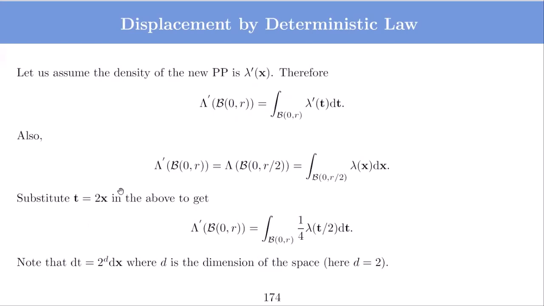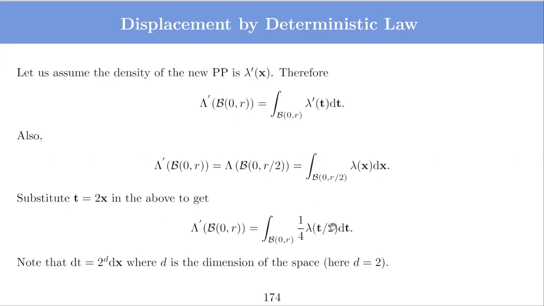Okay, so in a two-dimensional integration, if you take t equal to ax, then dt is equal to a squared dx. If it's a three-dimensional integration, dt would be 8 times dx. So this will be dt by 4. Okay, and then for the limit, because here the limits are over the ball of r by 2 and t is 2x, the limit of t would be in the ball of 0 r.